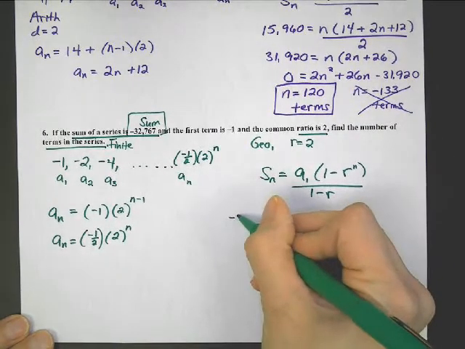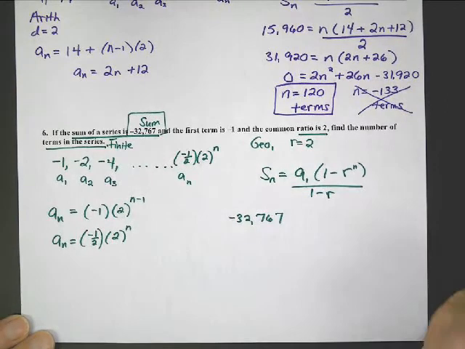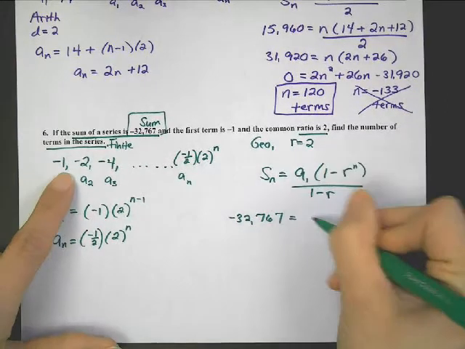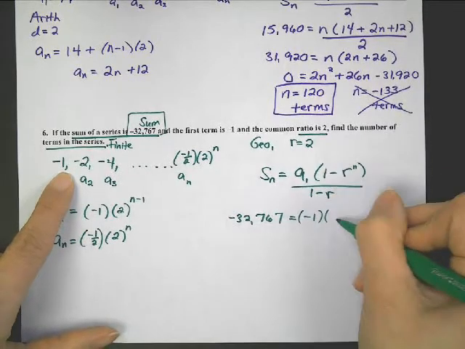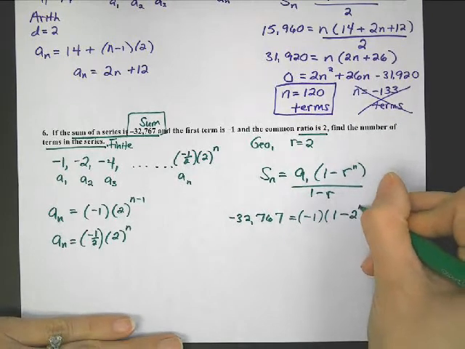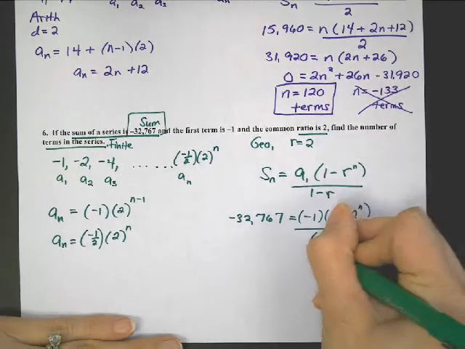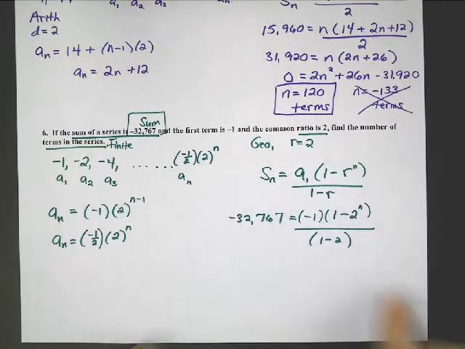Yep, the sum is negative 32,767. a sub 1 is negative 1. And then we have 1 minus r to the n. r is 2, to the n power. All over 1 minus r, 1 minus 2. And we'll have to do some calculations here to find n.